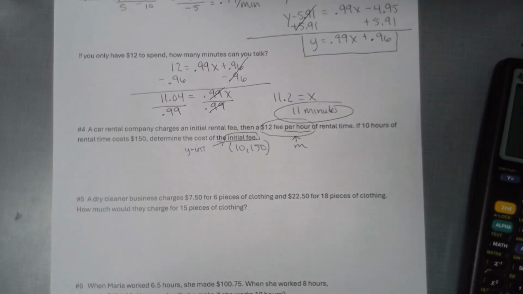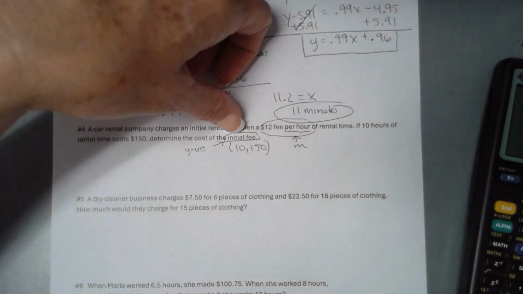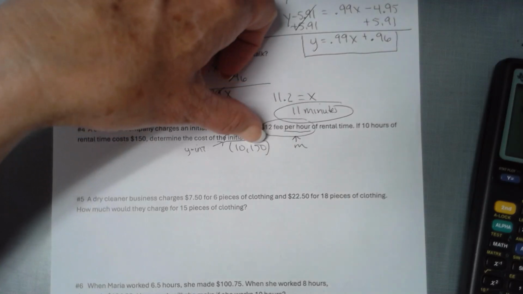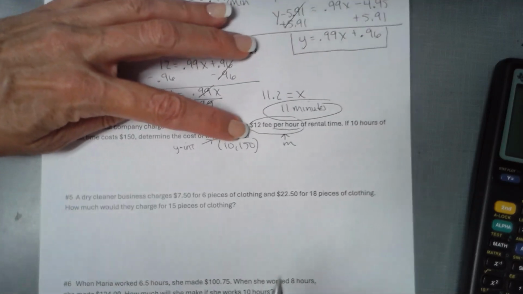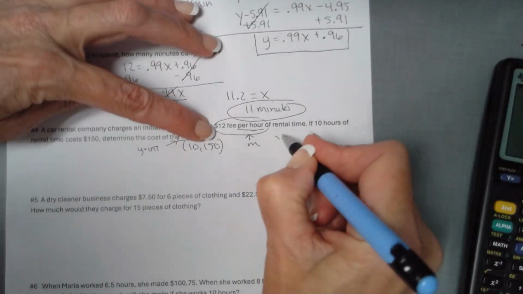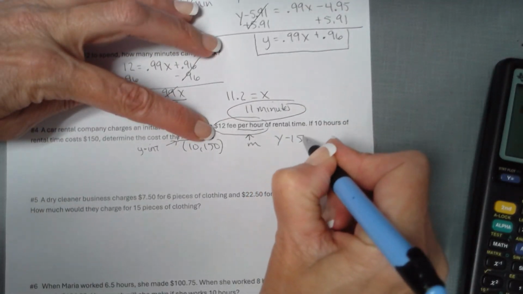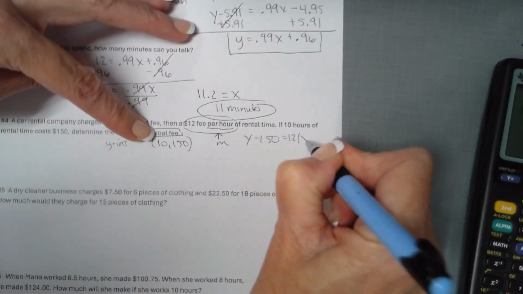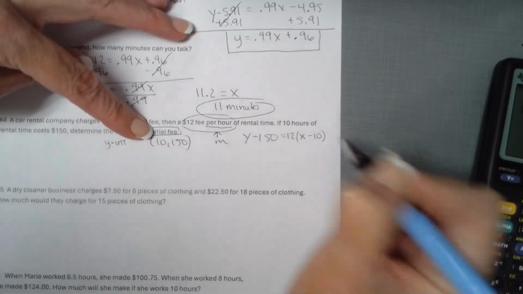And so that's why we're going to have to put it in slope intercept form after we start off with point slope form. So here we go. Y minus 150 equals slope of $12, x minus 10.